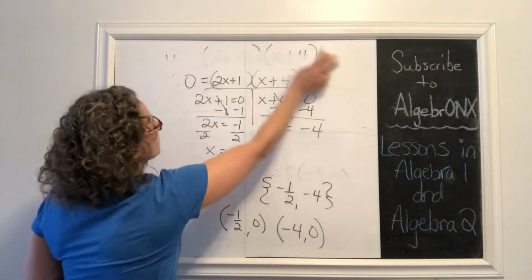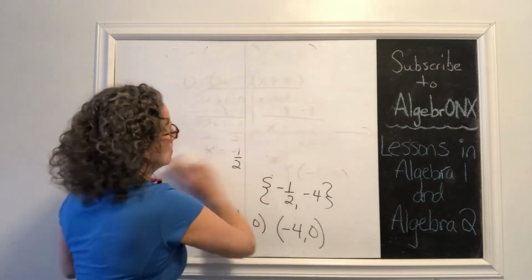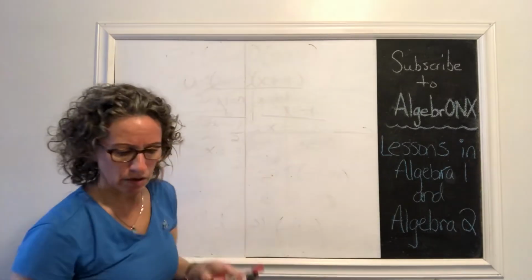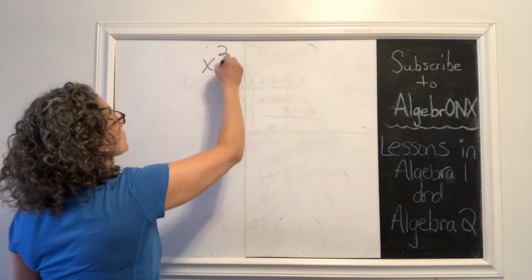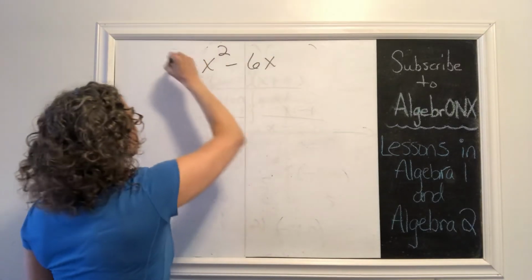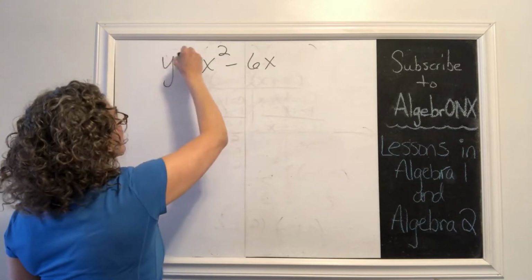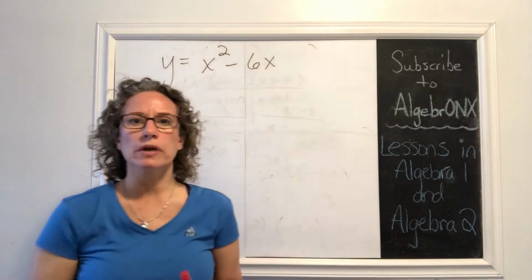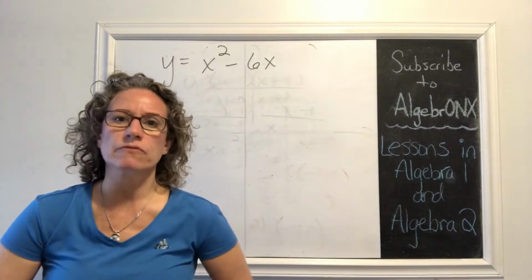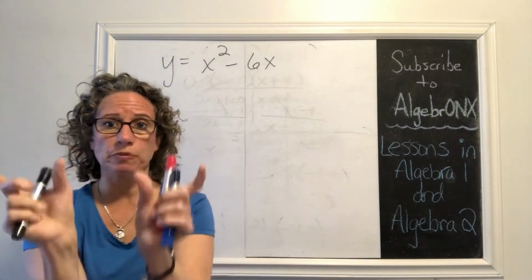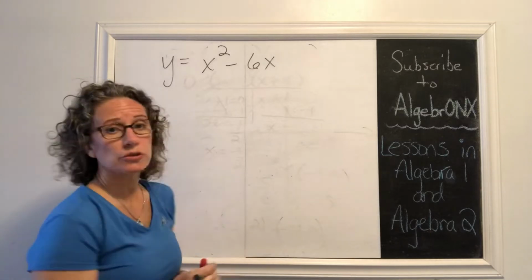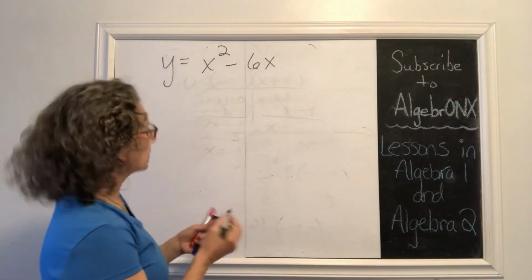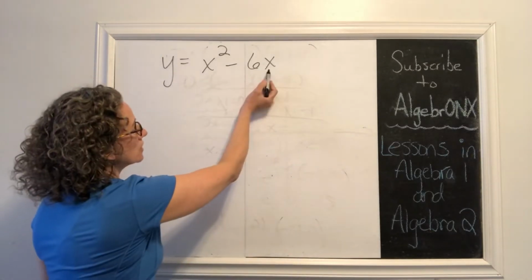Now, what about if you have an example where you have a GCF, for instance, x squared minus 6x, function equals, right? So y equals. Okay, now, in this case, this doesn't factor in the traditional way of opening two sets of parentheses because there's a GCF with each of those terms. So, examining the terms, they both contain an x.